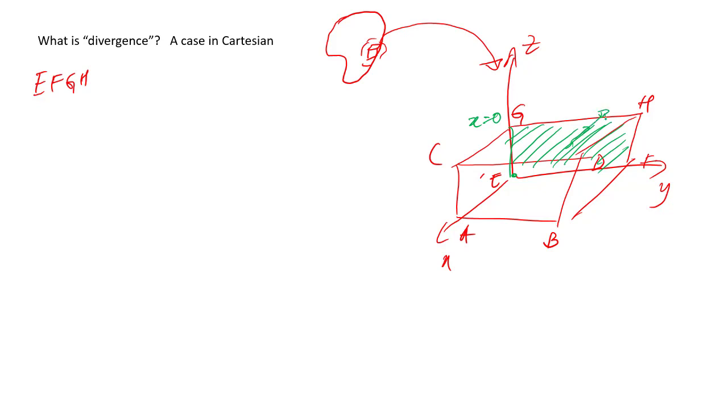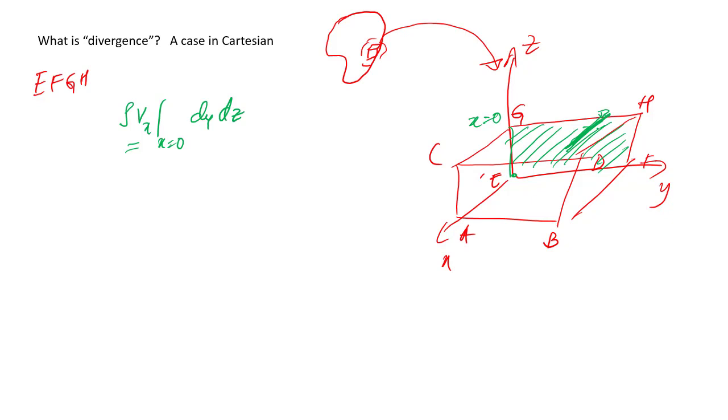If we look at the net flow going through this, that would simply be rho Vx at x equal to 0 dy dz, right? We get only the x component because the area element for this face is pointing along x, correct?